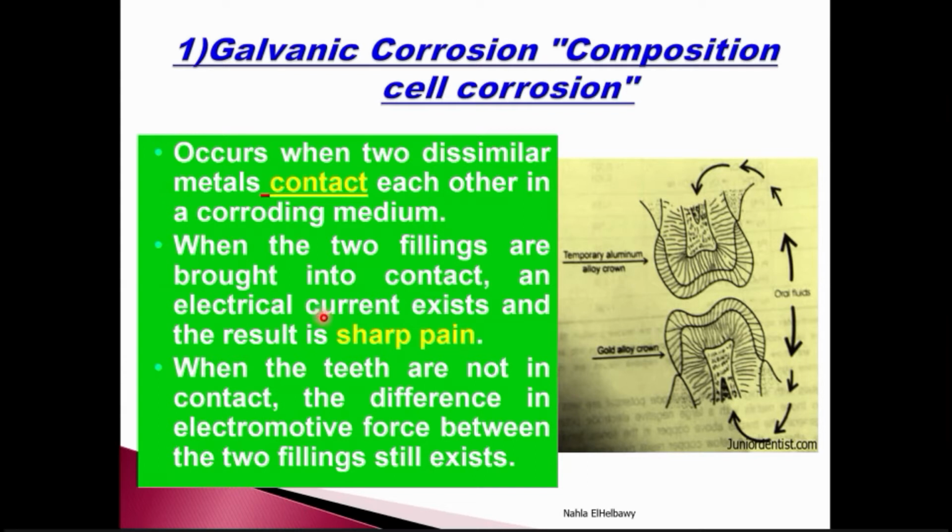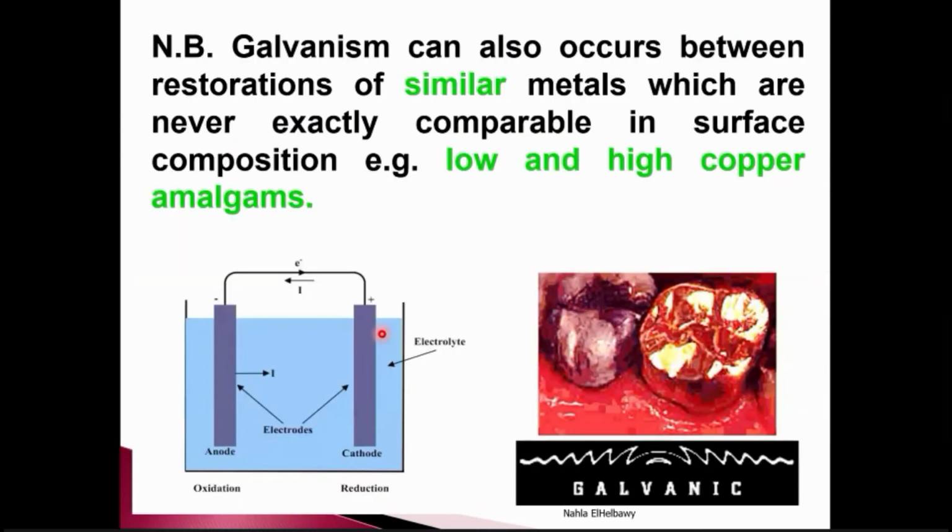The same mechanism works in galvanic cell corrosion or galvanic pain. Even when teeth are not in contact, the difference in electromotive force between the two fillings or two metals will result in such kind of corrosion. I hope you understand this point.